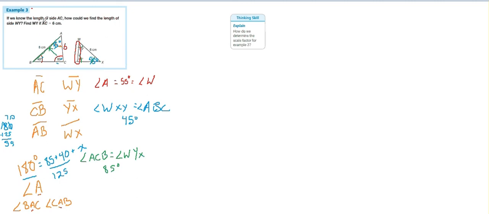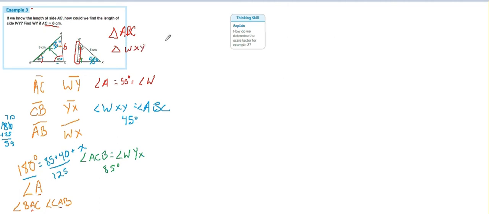Oh, look at that, it is 6. Ha, they do give it to us. Since we just established, because all the angles turned out to be the same, that triangle ABC is similar to triangle WXY.